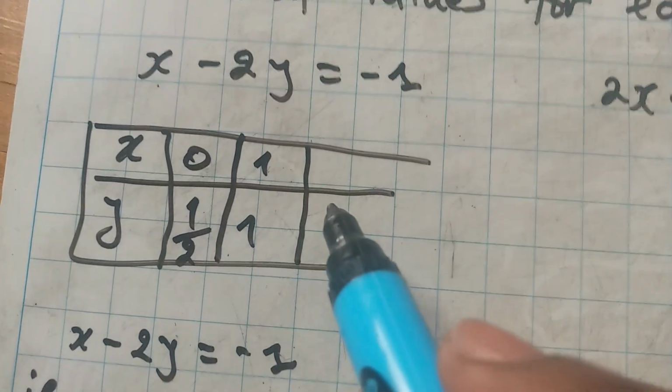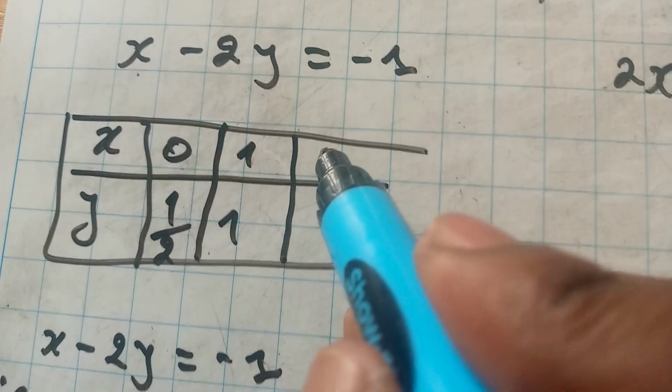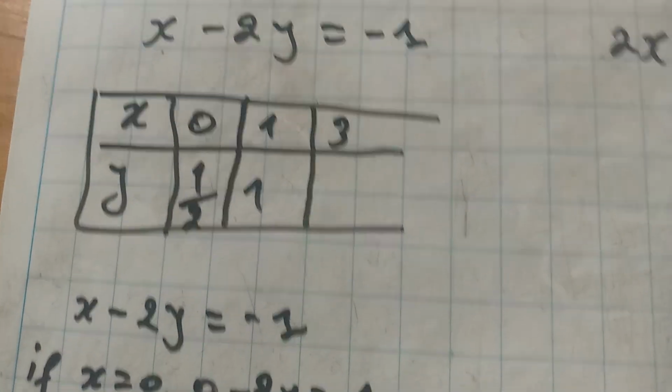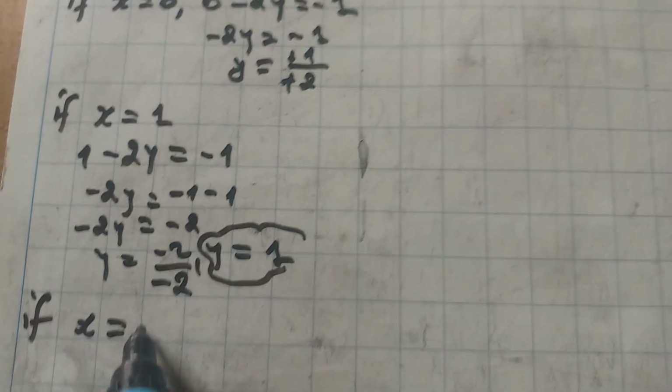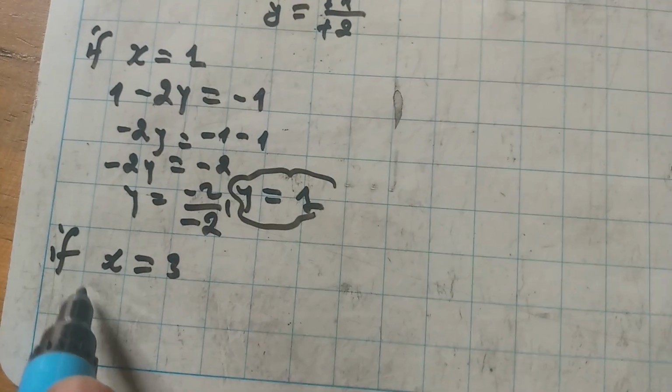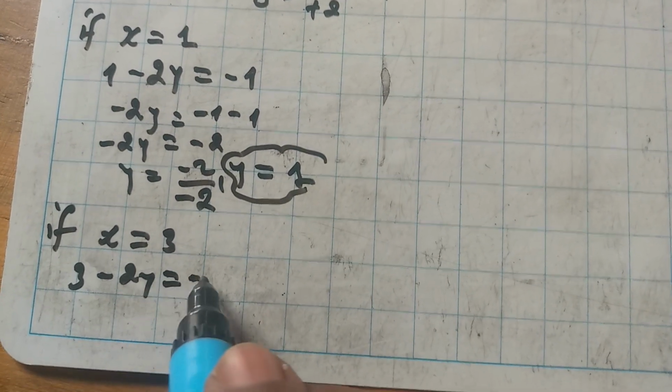So if I have my x which is equal to, like, 3, let me choose a 3. If x is equal to 3, I will have 3 minus 2y, which is equal to negative 1.